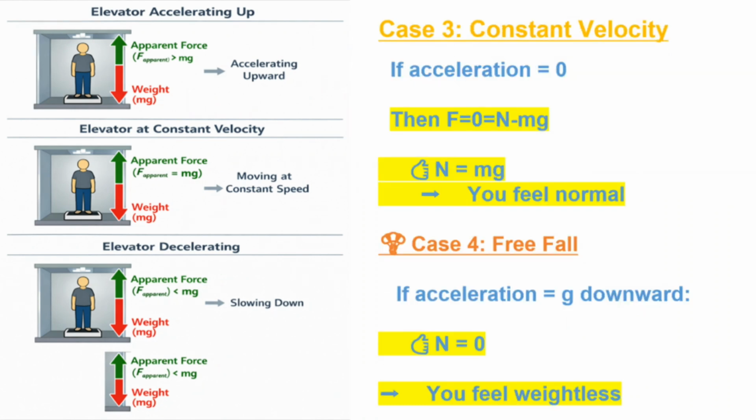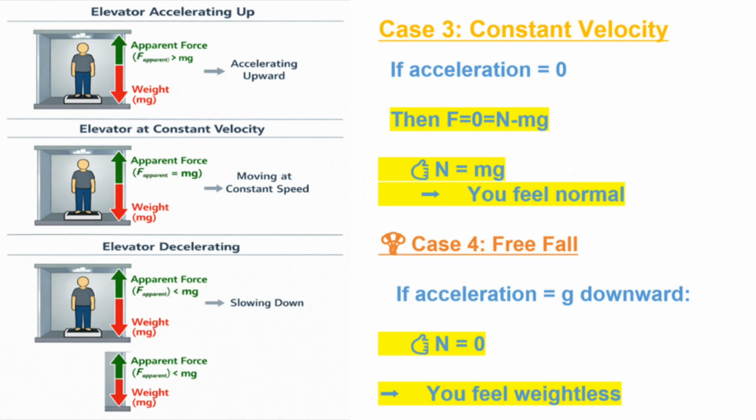Now what happens if the acceleration of the elevator is zero, whether it is moving in upward direction or downward direction? In this case, the net force on the elevator or the person is zero, and we get the normal force or the apparent weight as m times g. That is, the normal force will be same as the actual weight of the person, and you feel normal.